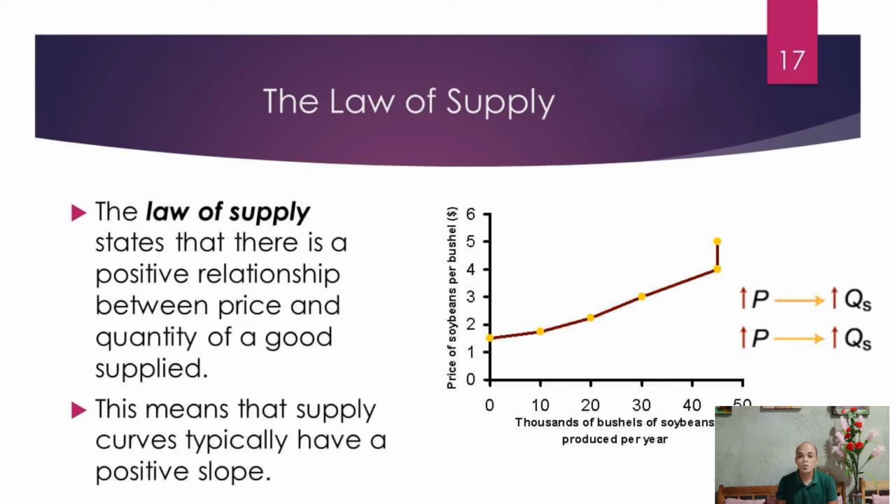We can conclude that as the price of soybeans per bushel increases, the supply of 1,000 bushels of soybeans produced per year increases. So there is a direct or positive relationship between price and supply in this law of supply.